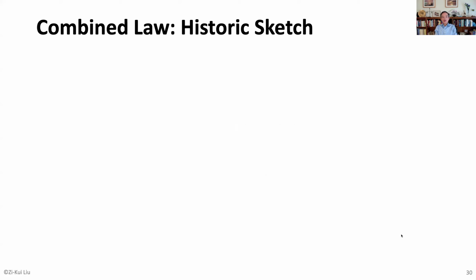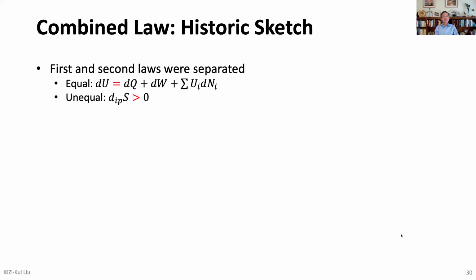I have a very short historical sketch about the combined law. The first law and the second law were discovered, but they were separate. One of the main reasons was that the first law was about equality: energy conservation, the internal energy increase equals the energy the surroundings put into the system.